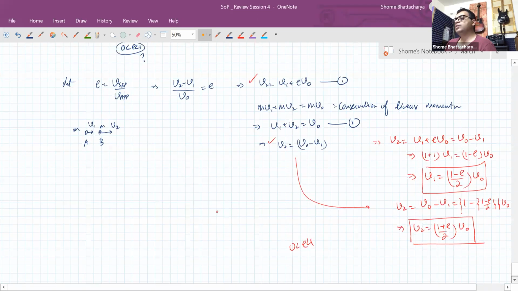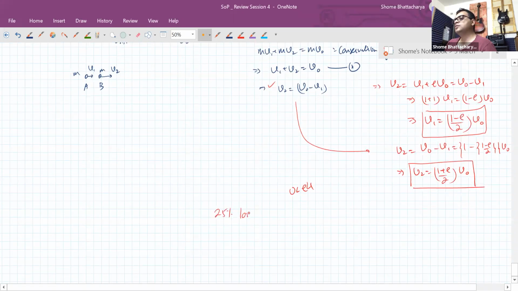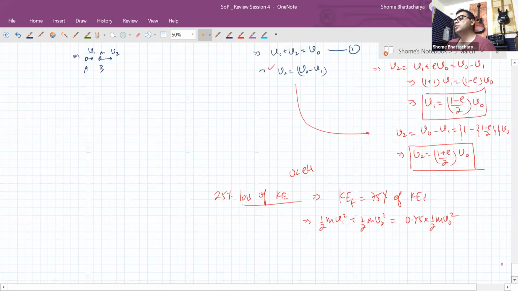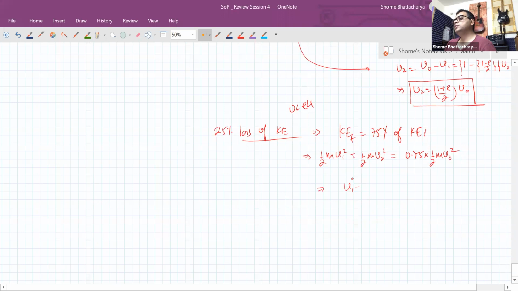Now we use the fact that there's 25% loss of kinetic energy. So that means the final kinetic energy must be equal to 75% of the initial kinetic energy, because there's a loss of 25%. So half m v1 square plus half m v2 square should be equal to 0.75 times half m v0 square, or v1 square plus v2 square is equal to 0.75 v0 square.